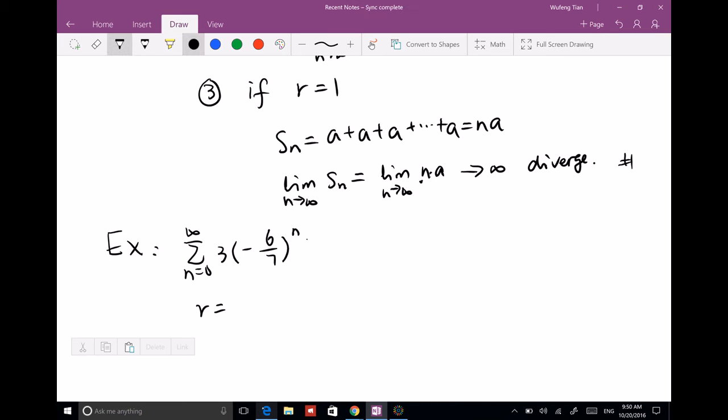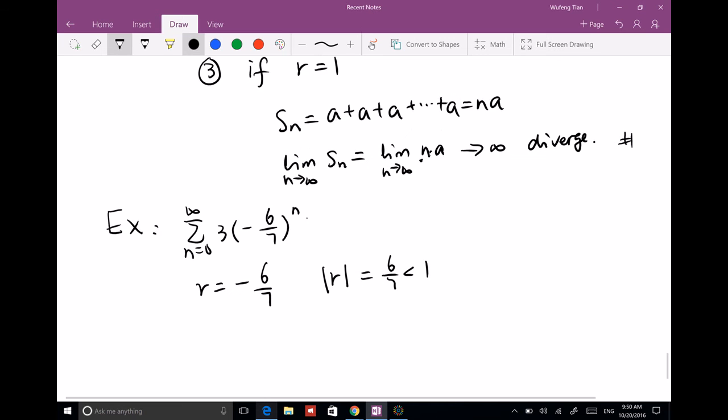Yes, negative 6/7. Perfect, thank you very much. So the absolute value equals 6/7, which is less than 1. This is a geometric series, the sum from n equals 0 to infinity of a r^n, and since the absolute value of r is less than 1, we know this one will converge.